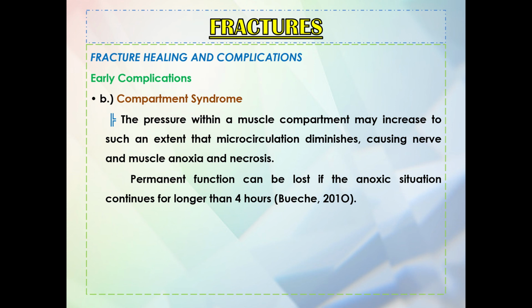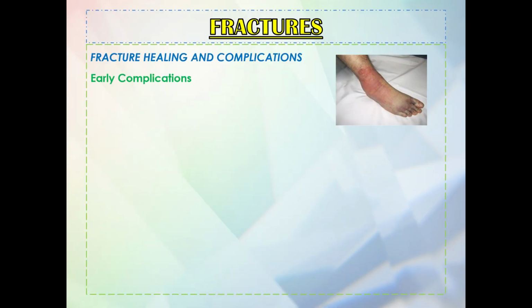So, severe na kapag nagkaroon tayo ng nerve and muscle anoxia and necrosis. Permanent function can be lost if the anoxic situation continues for longer than 4 hours. So, since nagkakaroon tayo ng decreased circulation, nagkakaroon ng decreased oxygen supply doon sa affected body part, pag hindi na correct yun within 4 hours, then permanent function loss might happen to that body part.